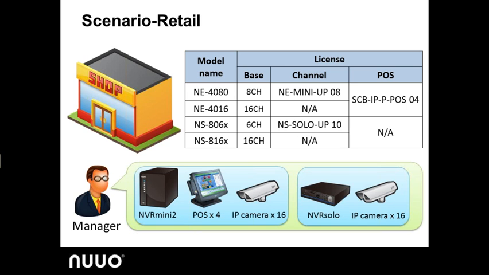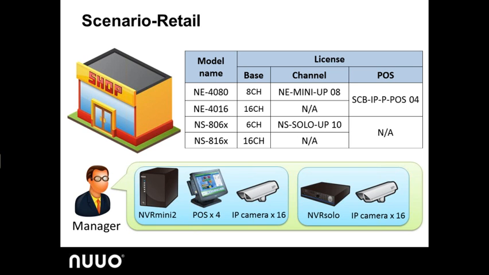In this scenario, there are a few options as in this table. For NVR Mini 2, you are able to select NE4080 or NE4060. Since NE4080 has 8 channels base license, you could purchase an additional 8 channels camera license and 4 channels POS license, 1 channel POS license for 1 POS register.